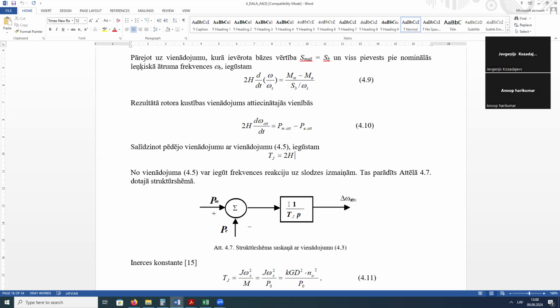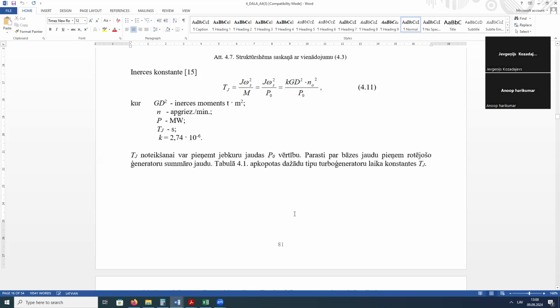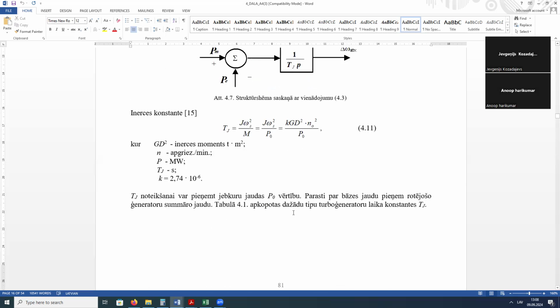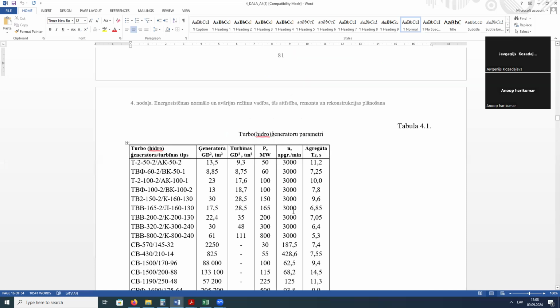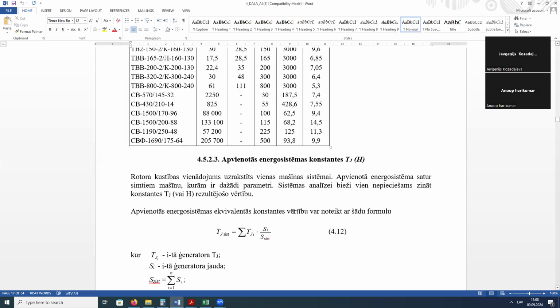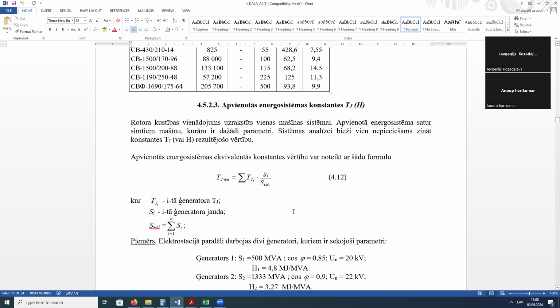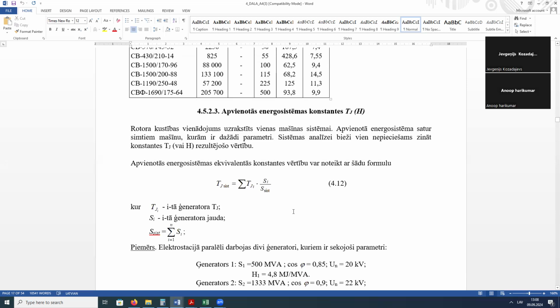But when we are discussing the power system, when we have hundreds of generators, we need to evaluate the power system inertia, not every single generator. How to do this? This is not a complicated task. This is quite important, but also quite simple, if, of course, we have information about every single generator. And here we got the 4.12 formula.